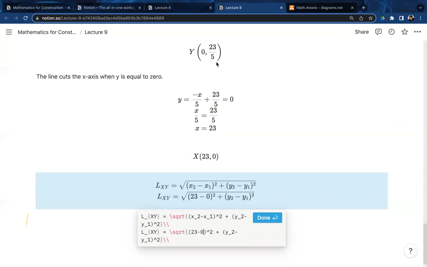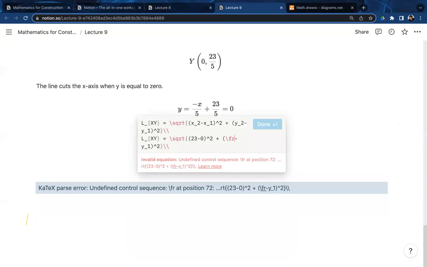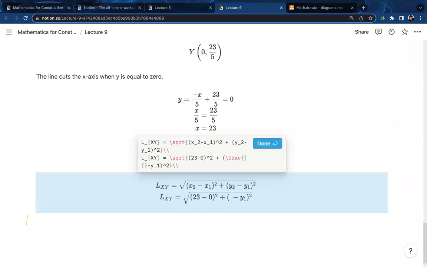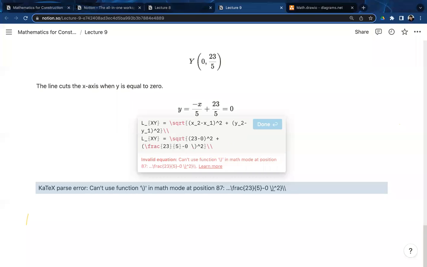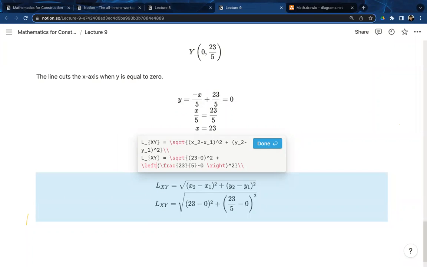And the difference in the y coordinates is 23 over 5. Right?